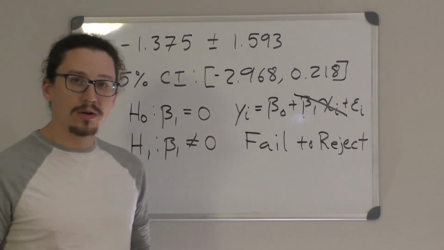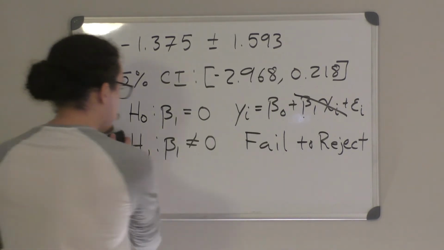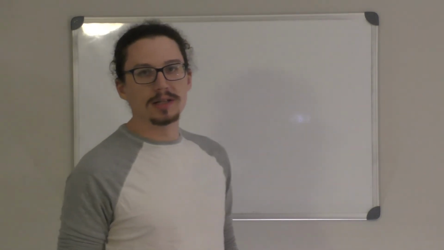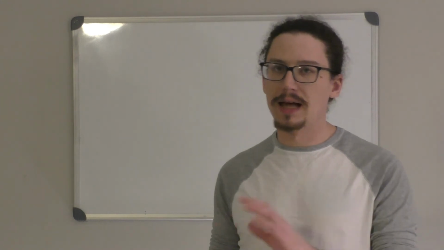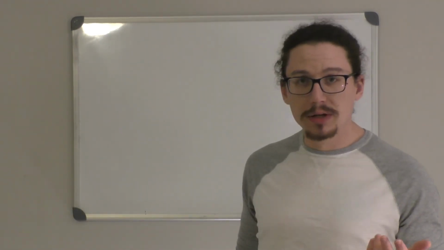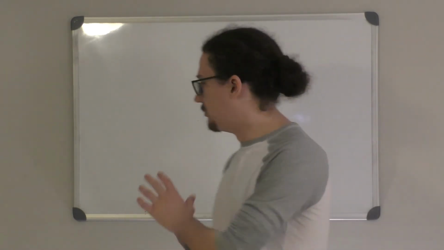Now let's look at hypothesis testing. Hypothesis testing is going to be done more or less exactly the way we've been doing it. Really the only thing that's going to be majorly different is something that we saw already just now.